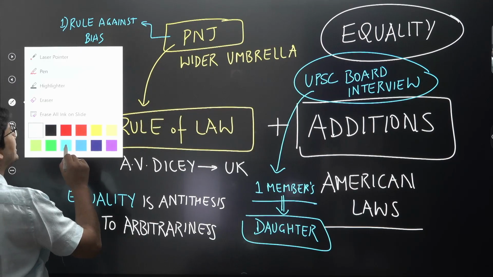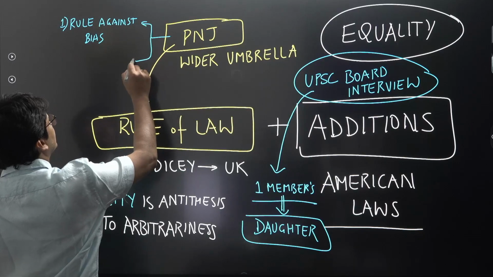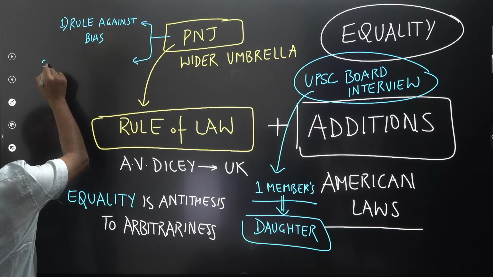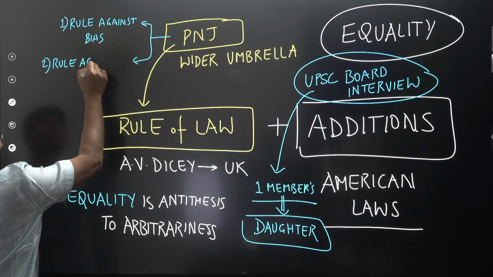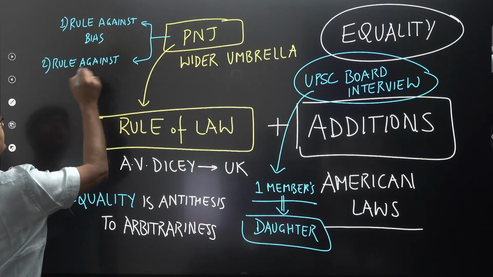Okay. And the second principle of natural justice is this: rule against fair hearing.